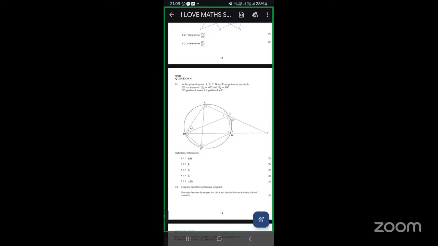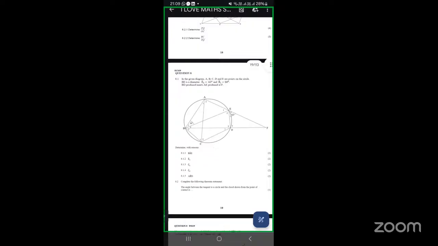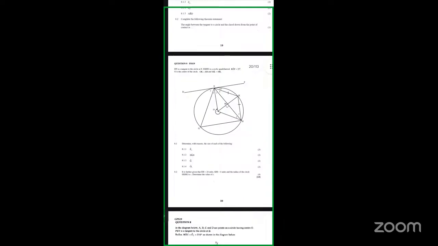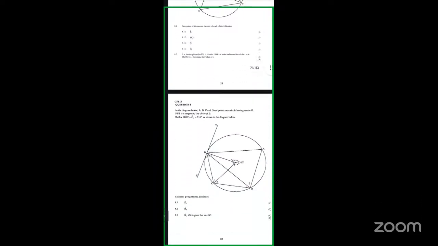Then it is wise for you guys to know those theorems because, as you can see, it can be assessed that you sometimes are required to complete the missing statement. Then I will pick some questions that I will send as homework in order for you guys to get comfortable with these Euclidean problems.